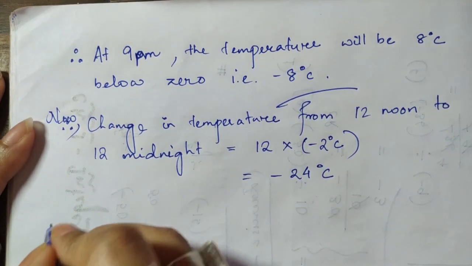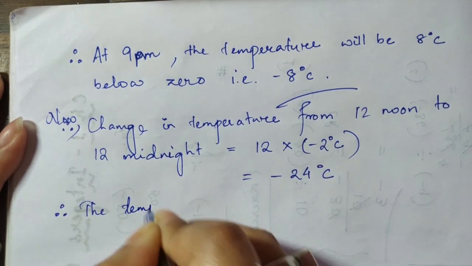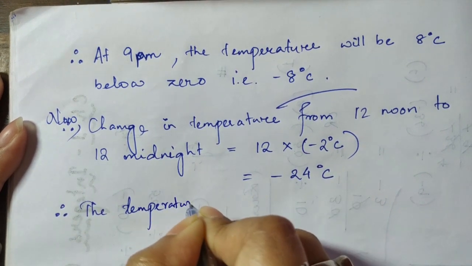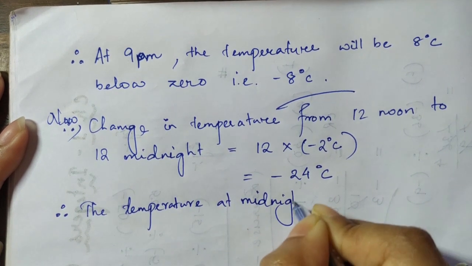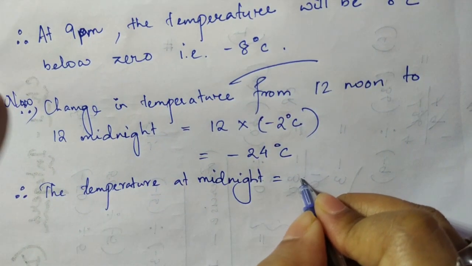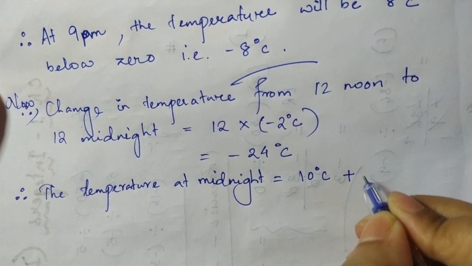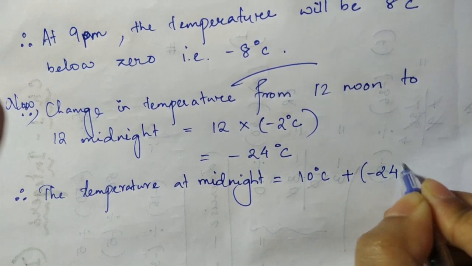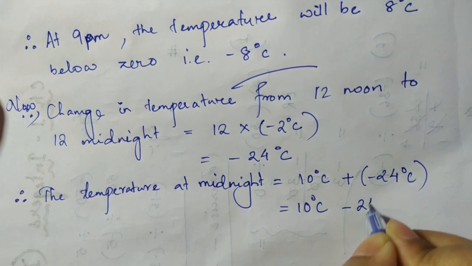So the temperature at midnight will be the initial temperature at noon, 10 degrees Celsius, plus minus 24 degrees Celsius.